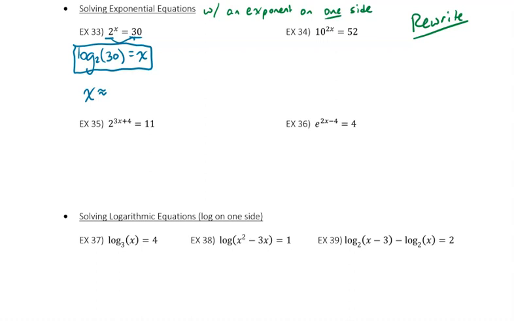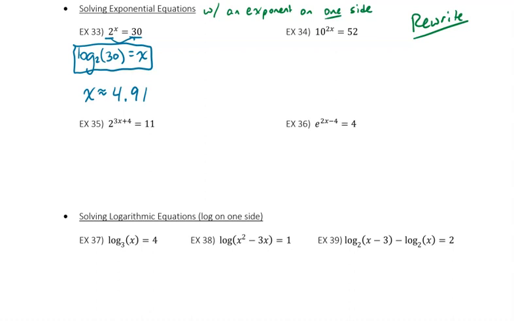So you can put log base 2 of 30 straight into your calculator and you would get 4.91 if we round it to 2 decimal places. If you have any other calculator, then you're going to want to Google how to put a log into your calculator. If you have a very old one, you might have to use something called the change of base theorem. It's a way to put logs of any base into some older calculators that may not have the any base function. All right, that said though, let's go ahead and move on to 34.